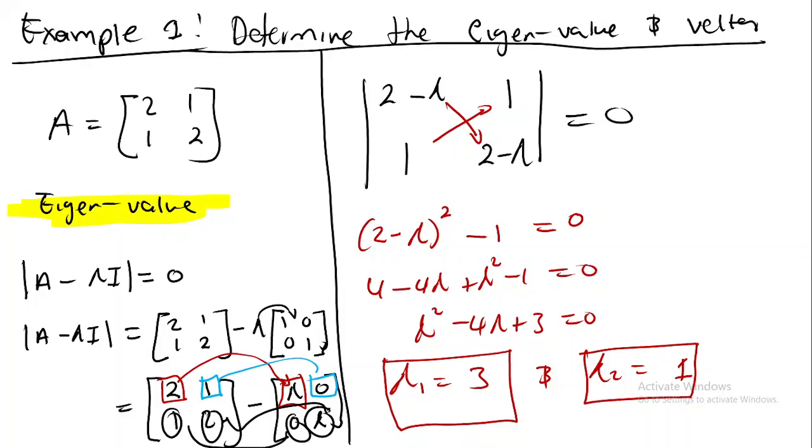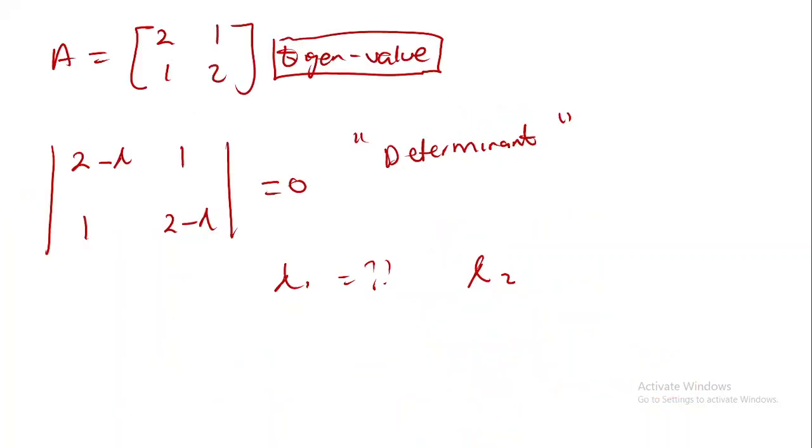Now let's actually move to our eigenvectors. To get our eigenvectors, every eigenvalue has its own corresponding eigenvector.